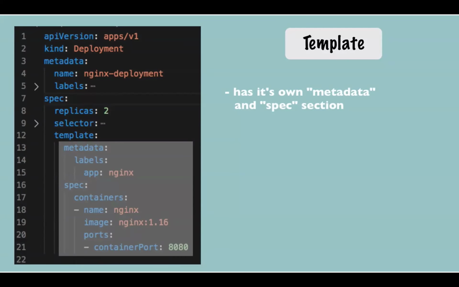Okay, so understood. Inside this template, what you have to fill? The container detail, and it has its own metadata and specification. So if you remember, it's like this. There are 4 parts: apiVersion, kind, metadata, and spec.